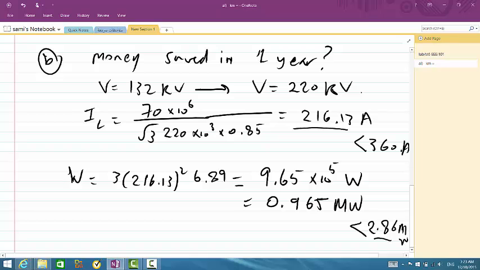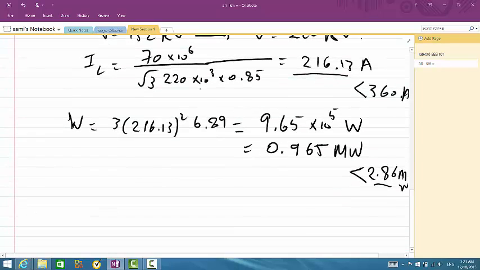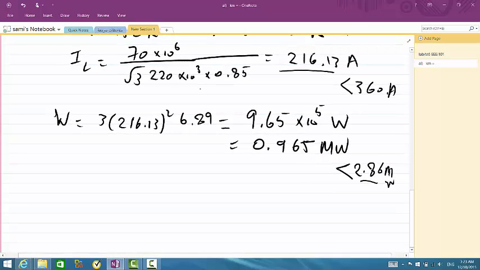So there was a huge reduction in the transmission line losses.